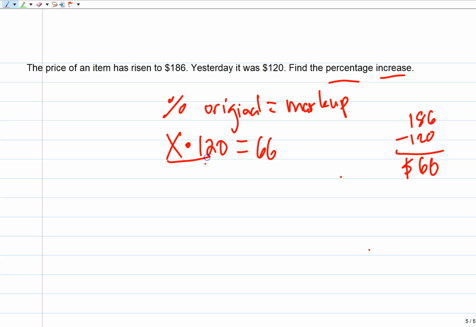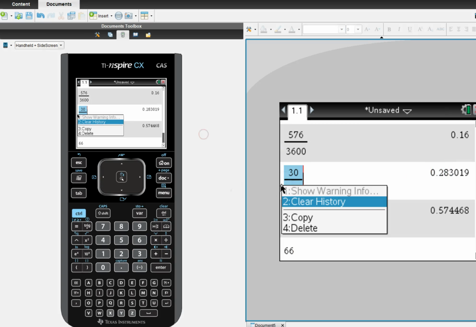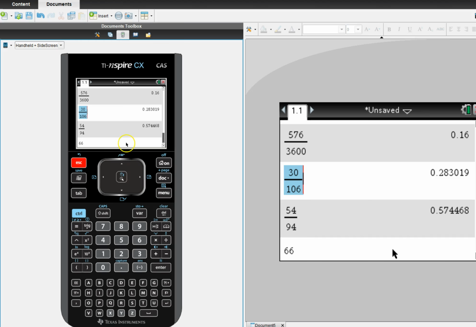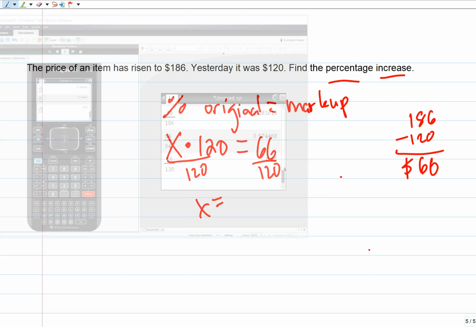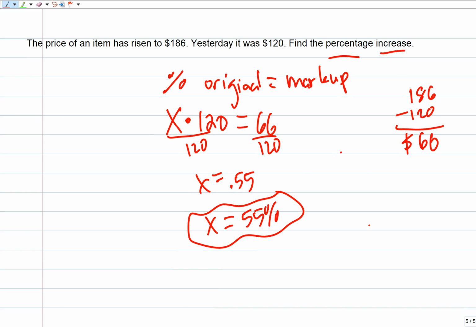So now I divide by the 120. What is 66 divided by 120? .55. So it was marked up what? A 55% markup from the day before.